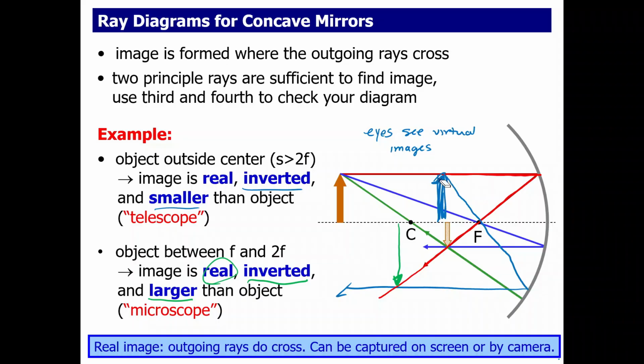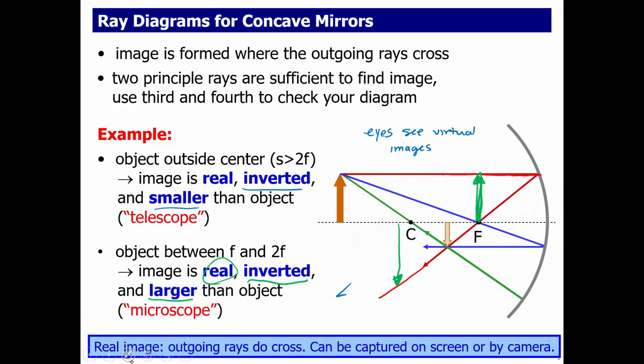Now, if you were to put the object actually at the focal point, weird things are going to happen. Because our object is already at the focal point, you can't really draw ray 2. Ray 2 would never hit the mirror.